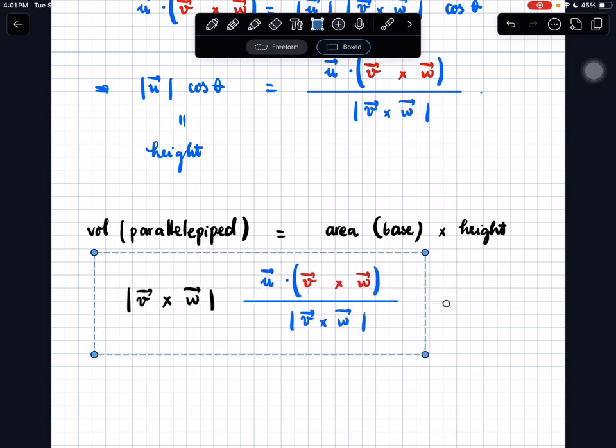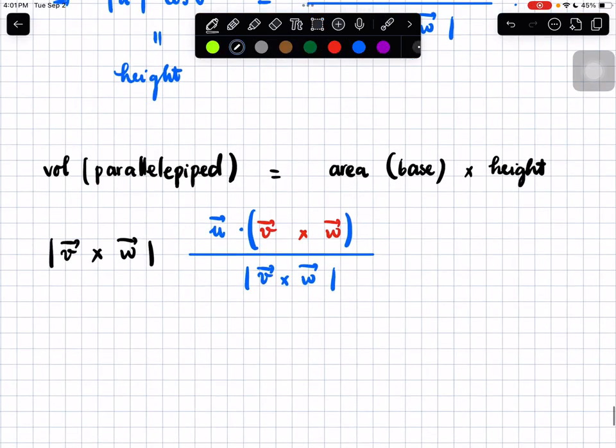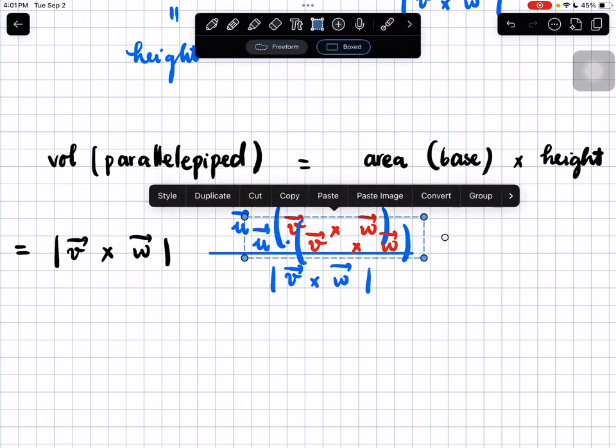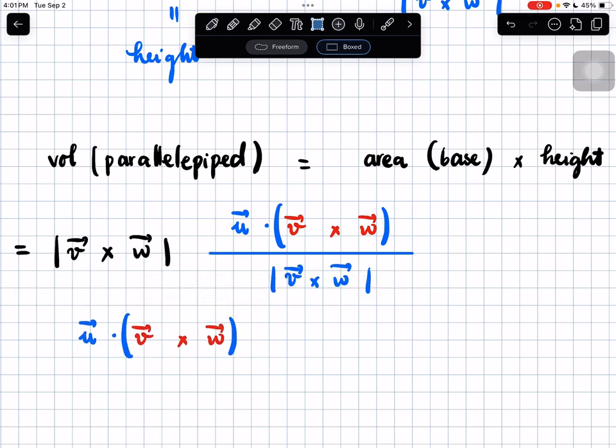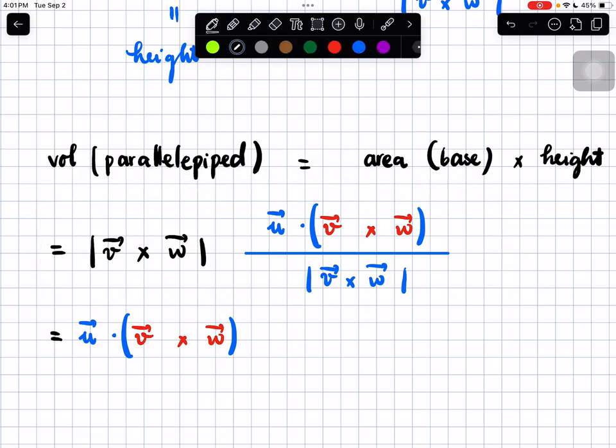So this one is the volume. This part and this part cancel out. What we have left is u dot v cross w, which is the formula of the volume.